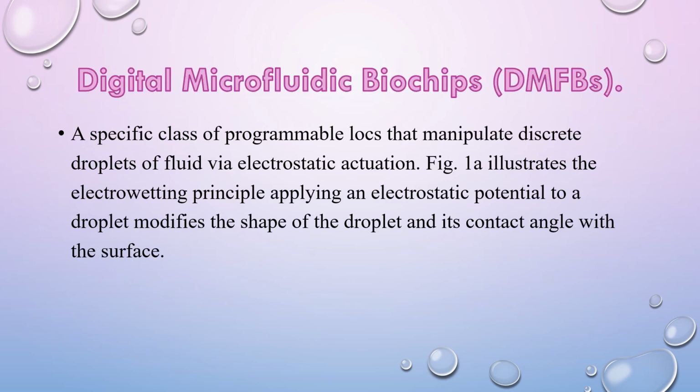Digital microfluidic biochips are a specific class of programmable LOCs that manipulate discrete droplets of fluid via electrostatic actuation. Figure 1a illustrates the electrowetting principle: applying the electrostatic potential to the droplets modifies the shape of the droplets and their contact angle with the surface.